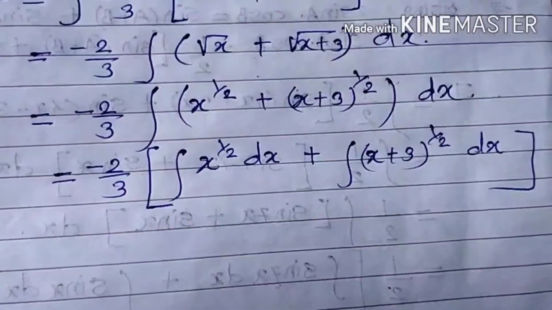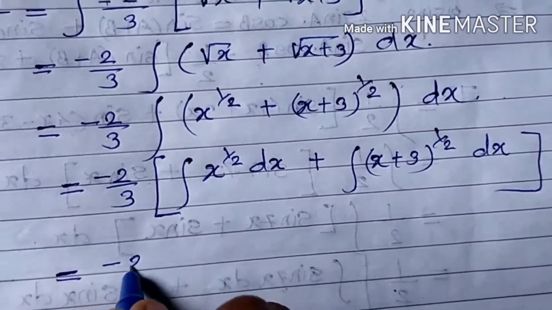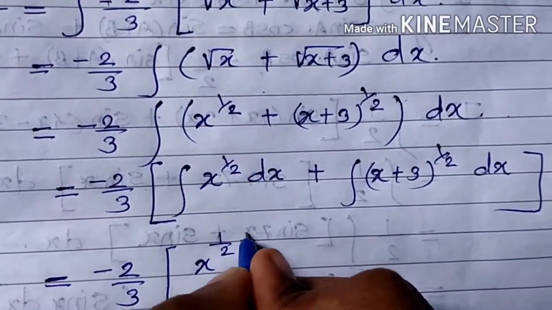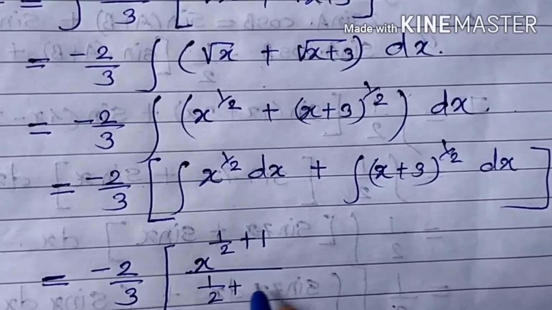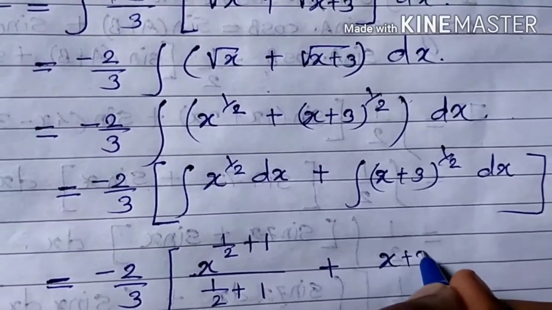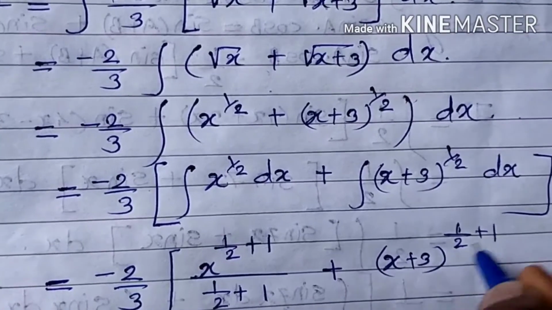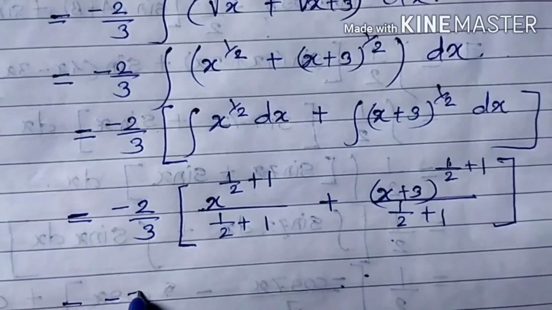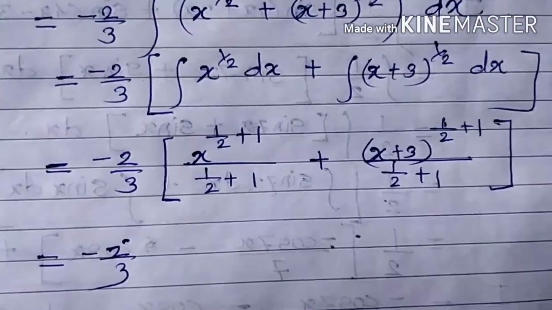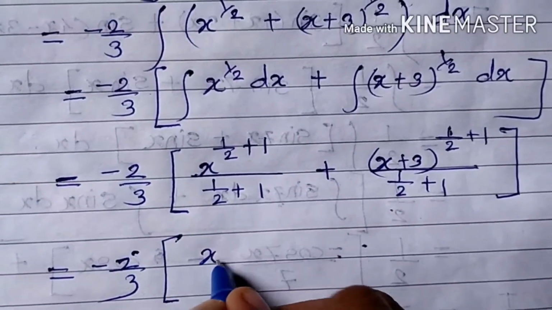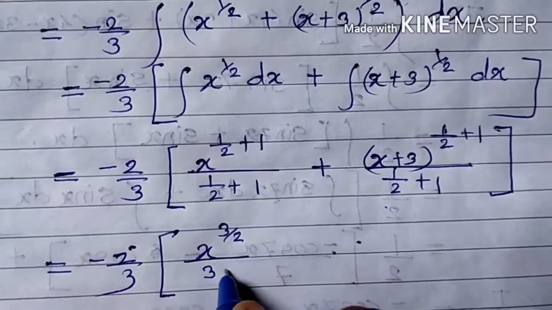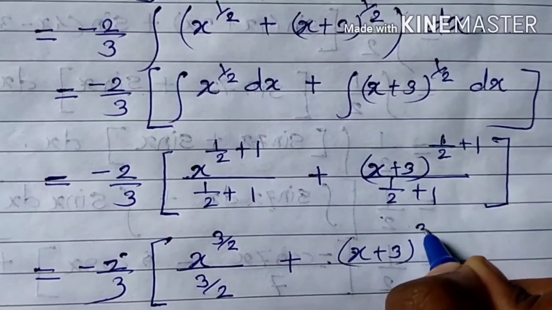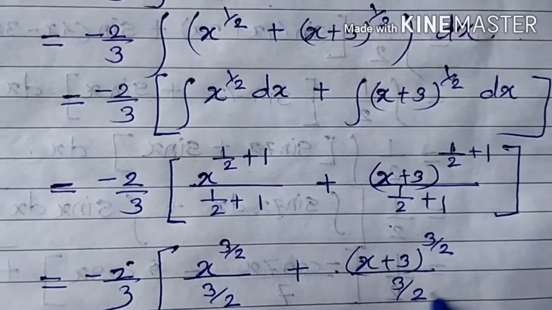So it is. Now use the rule of integration: minus 2 upon 3. So x raised to 1 by 2 becomes x raised to (1 by 2 plus 1) upon (1 by 2 plus 1), plus (x plus 3) raised to (1 by 2 plus 1) upon (1 by 2 plus 1). Now calculate this: minus 2 upon 3 into x raised to 3 by 2 upon 3 by 2, plus (x plus 3) raised to 3 by 2 upon 3 by 2.